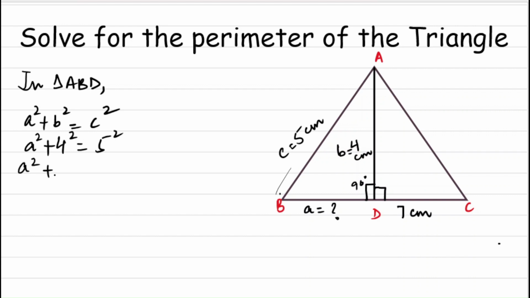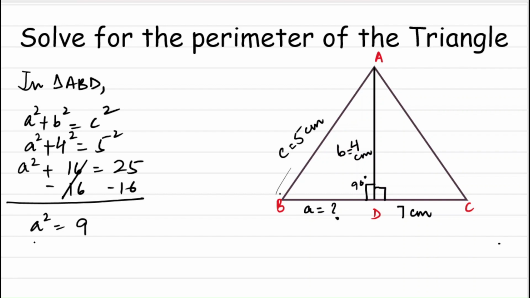A square plus 4 square is 16. 5 square is 25. As I told you, I will subtract 16 from both sides because I need to find the value of a square. It got cancelled. A square is 25 take away 16, which is 9, and then a will be equal to the square root of 9. So a comes out to be 3 centimeter.